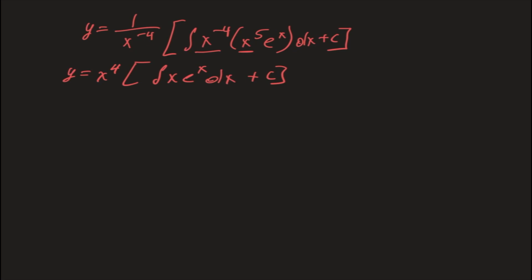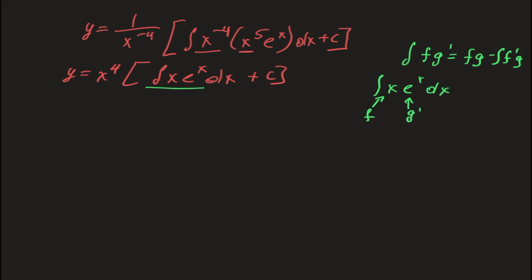From here, in order to integrate this, we need to remember integration by parts. If you recall, the formula for integration by parts was integral of f g prime is equal to f g minus integral of f prime g. So in our example here, we have integral of x e to the x dx, with x being my f and e to the x being my g prime.